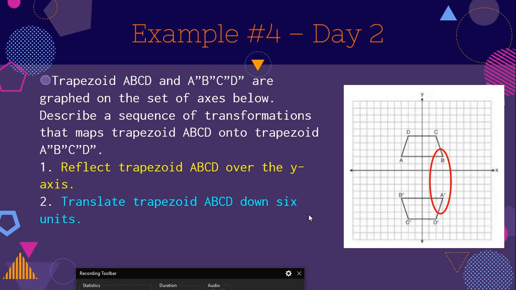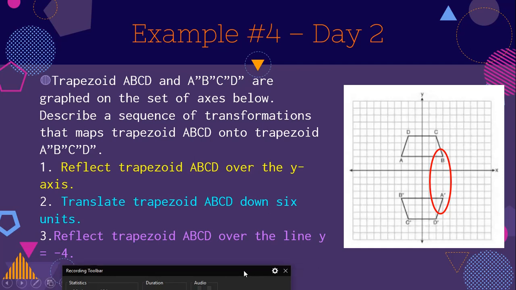Once the two trapezoids are kind of base to base, what I want to do is flip it down. So I want to flip it over the base AB or A prime B prime. So that location right here is a horizontal line at y equals -4. So I'm going to finally reflect my trapezoid over the line y equals -4, and I will finally place it where the double prime image is located.